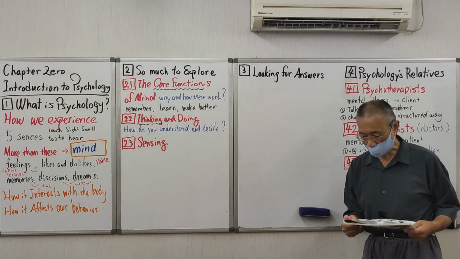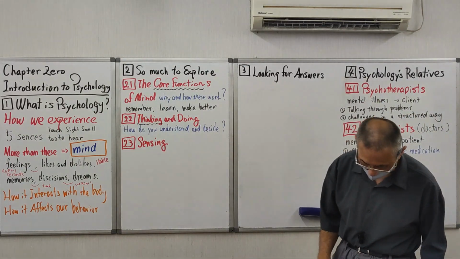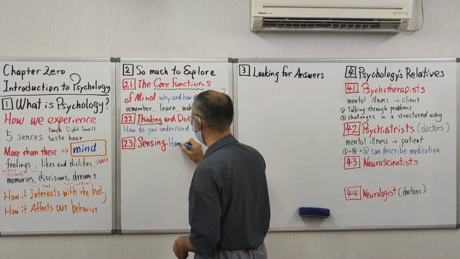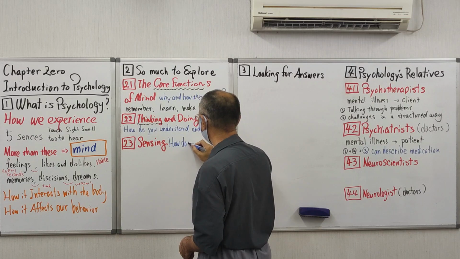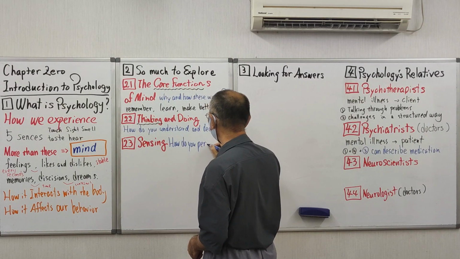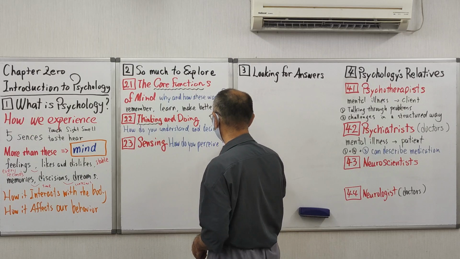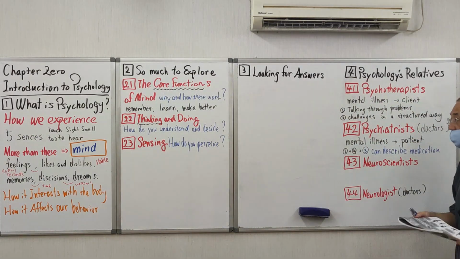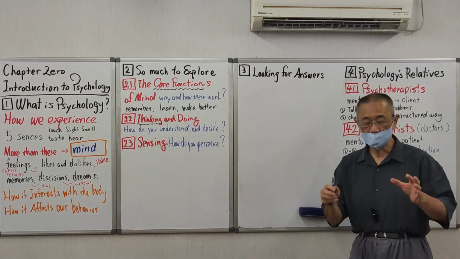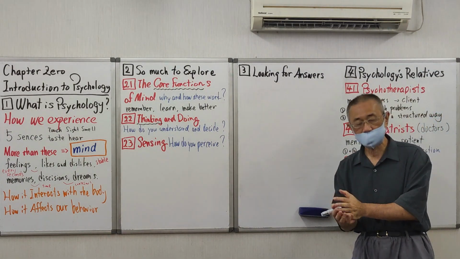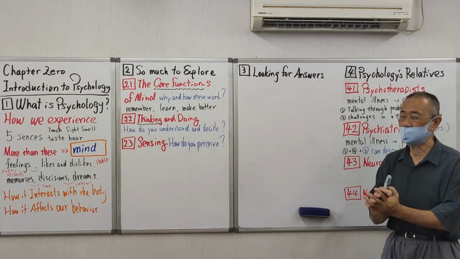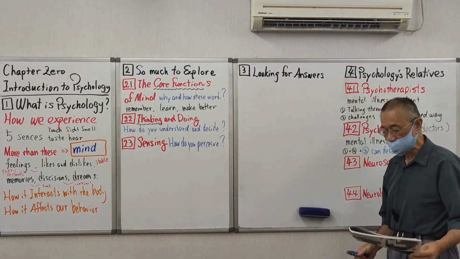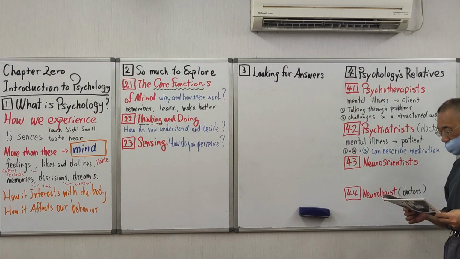Then how you perceive. How do you recognize what it is? How do you recognize that it's soft or hard or tough or easy? Those are matters. That is also called sensing.